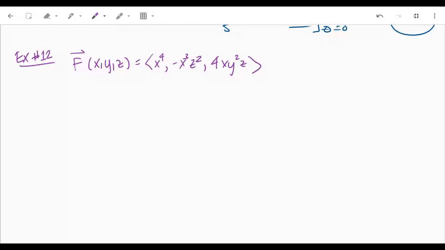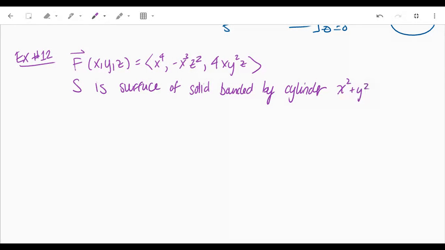And we have S is the surface of a solid bounded by the cylinder x squared plus y squared equals 1, and the planes z equals x plus 2 and z equals 0.